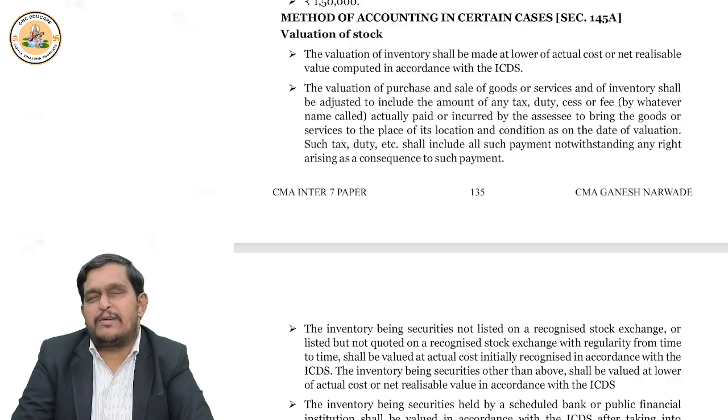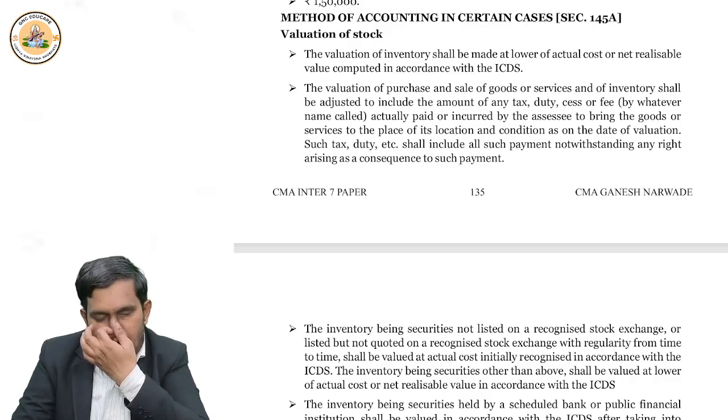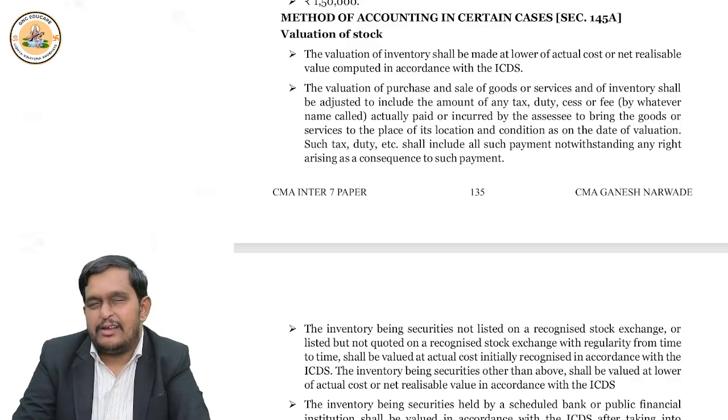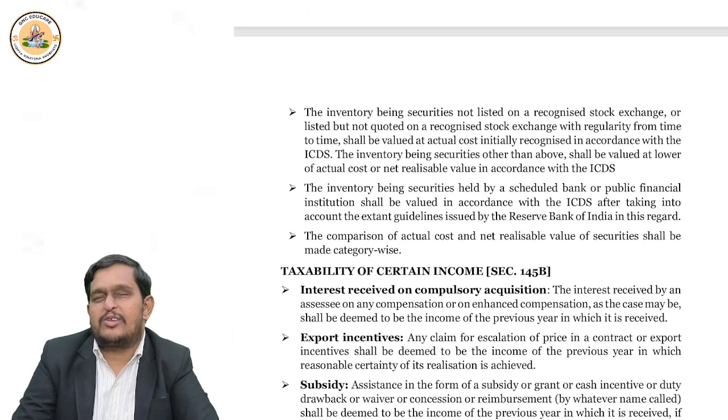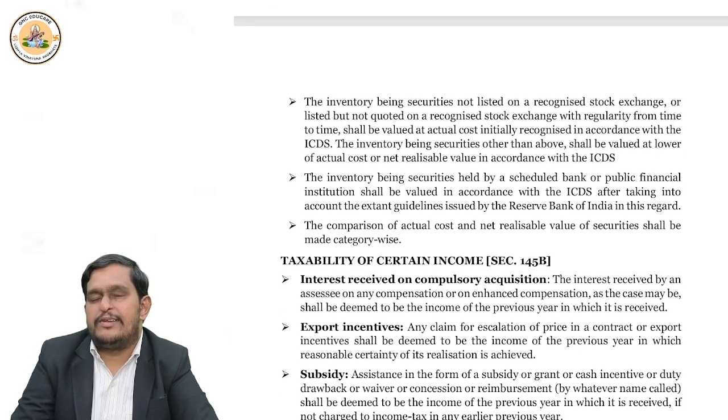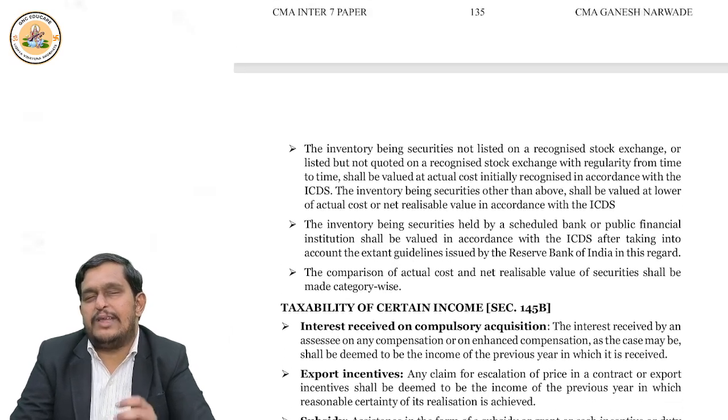If these two types of companies are there, unlisted or listed but unquoted, then whatever the initial value of the securities, you take that value as the value of the securities. That's it. But suppose you have any other securities, then cost or net realizable value, whichever is lower, is the value of that security.